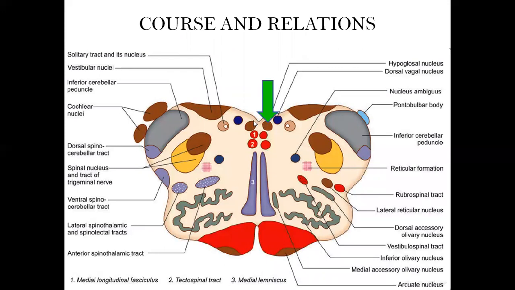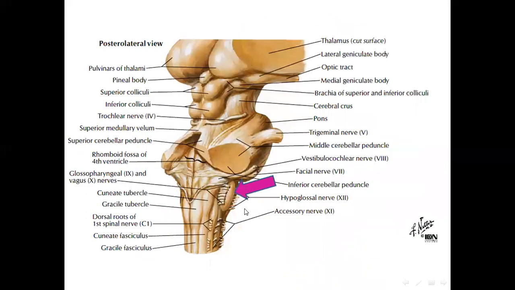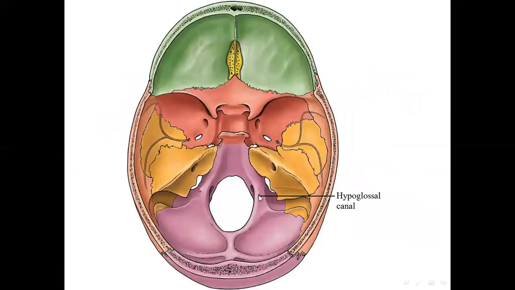In this picture of the medulla oblongata cross section also we are able to see the hypoglossal nucleus. This is brainstem where we are finding midbrain, pons and medulla oblongata. These elevations in the midline are called pyramids, and these elevations are olives. At the junction of pyramids and olives, you are finding the rootlets of hypoglossal nerve emerging outside to enter into the hypoglossal canal.